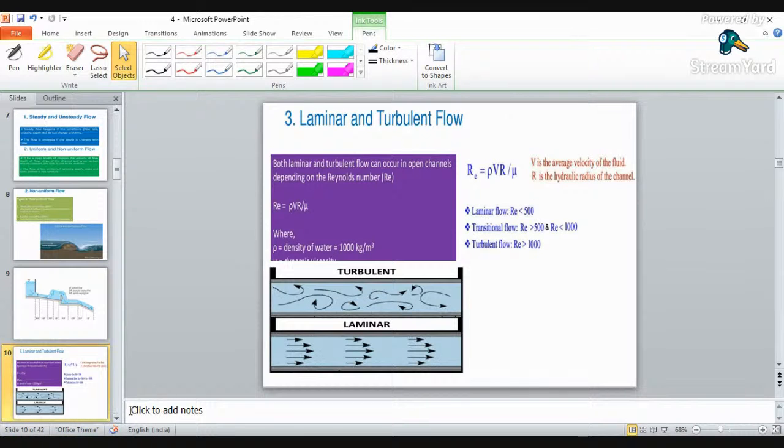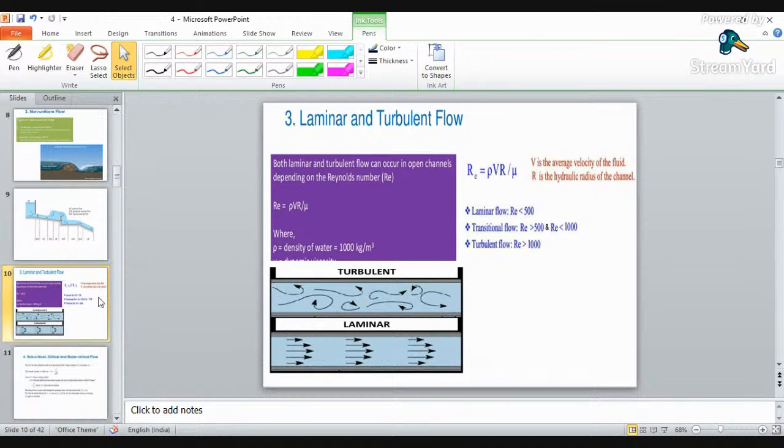Now, the next, third type of classification of liquid flow is based on the Reynolds number, that is termed as laminar flow and turbulent flow. In the case of a pipe section, laminar and turbulent flow are given by the Reynolds number. We will call a fluid in laminar condition when the Reynolds number is in the range of 0 to 2000.